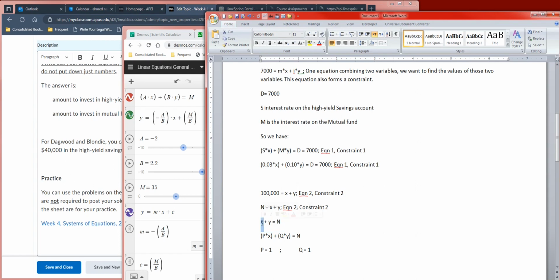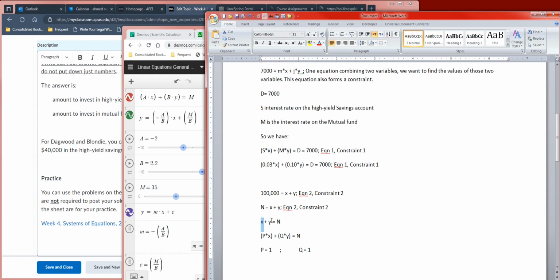Here, X is the amount to invest in the first investment, and Y is the amount to invest in the second investment. What are the units of investments? Money, right? Dollars in this case, if you're living here, euros or rupees or what have you, whatever the local currency is called. But the point is that the units are in money.